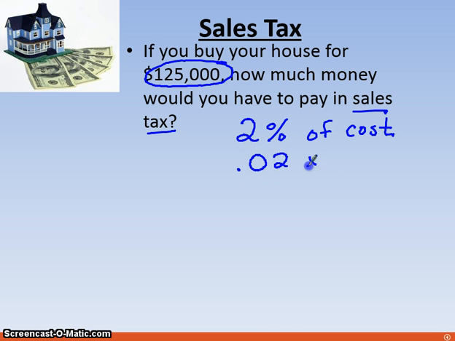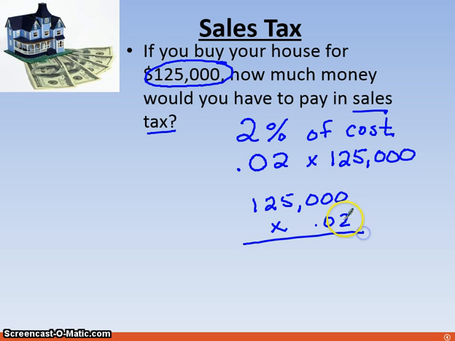Of means to multiply by the cost, which is $125,000. So we take 125,000 and multiply by 0.02. 2 times 0 is 0, 2 times 0 is 0, 2 times 0 is 0. 2 times 5 is 10, 2 times 2 is 4, and 1 more is 5. 2 times 1 is 2.